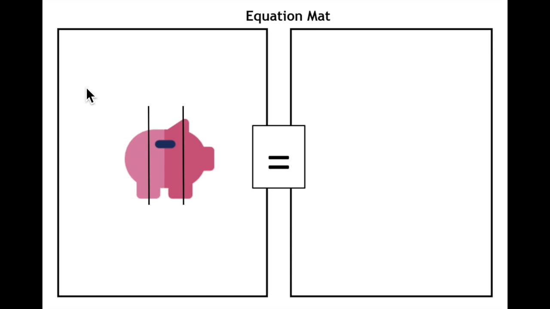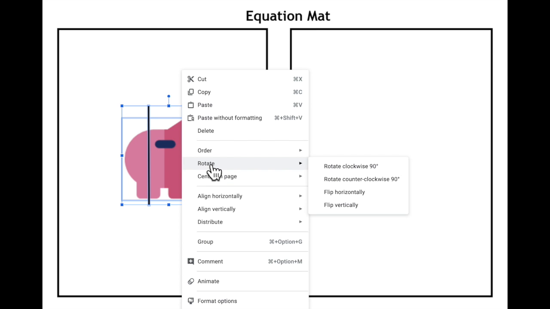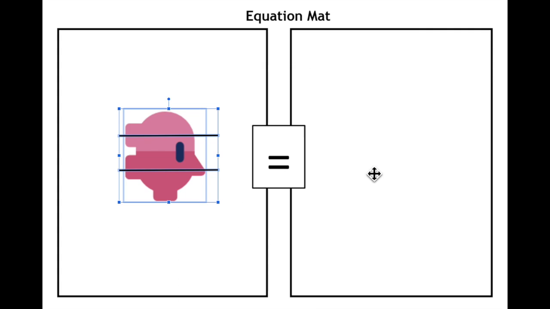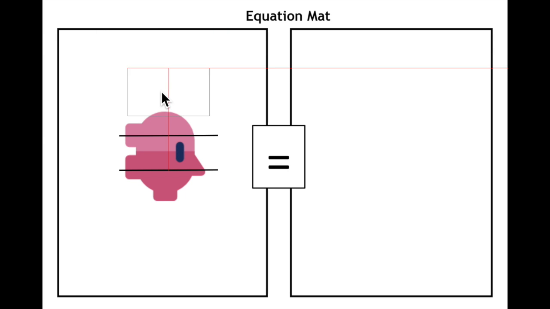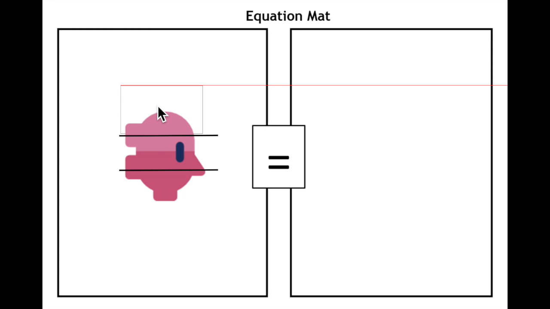Now let me turn this guy around just to make it easier and show you what we're going to do. Okay, so our little piggy has been divided into 3 sections. And here's the problem. Okay, so let's just look at one section.